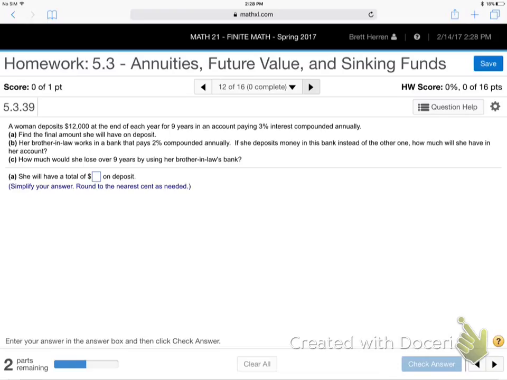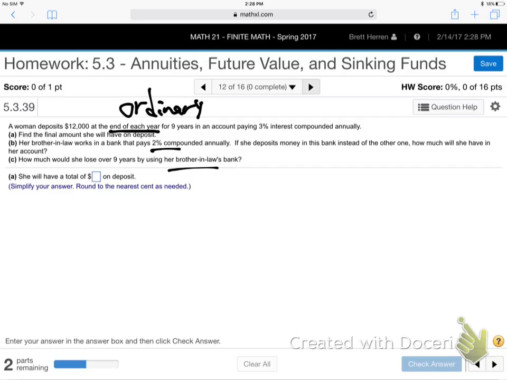All right, so she's making payments at the end of each year. So what kind of annuity is this? Yeah, it's the ordinary annuity. At the end is what's ordinary. So anyway, it's the same old kind of thing, same formula, do all the same stuff. And then part B, it just changes the interest rate. It's like a redo of the whole problem where they change the interest rate.